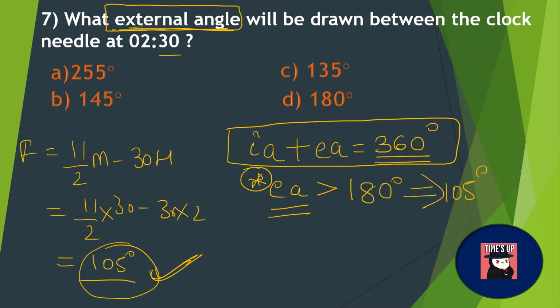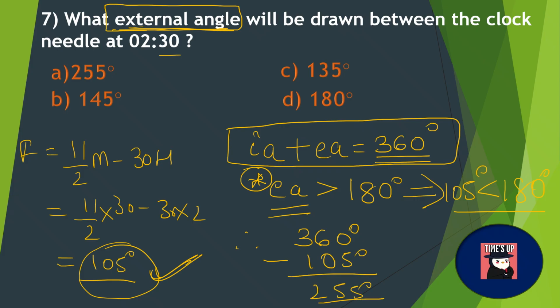105 degree is less than 180 degree. Correct? So therefore, what I will do? 360 degree minus 105 degree I will do. So that will give you 255 degree. So external angle will be how much? 255 degree. That is option A. Understanding, students?